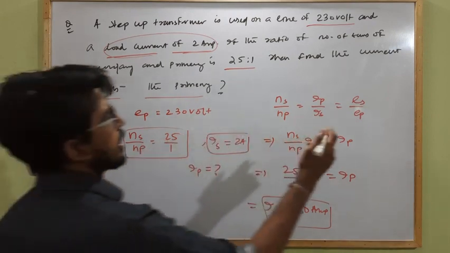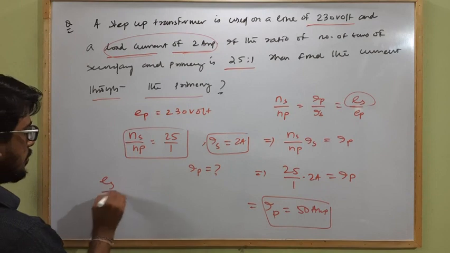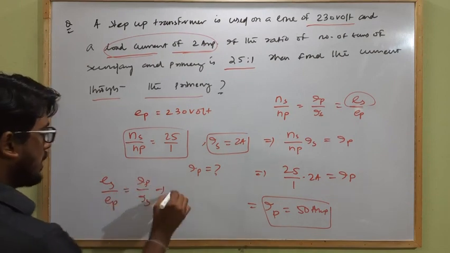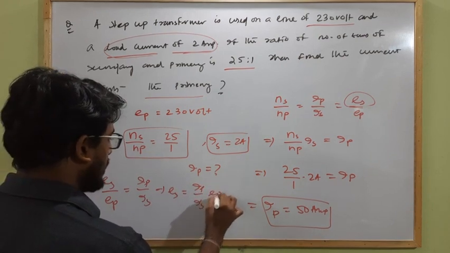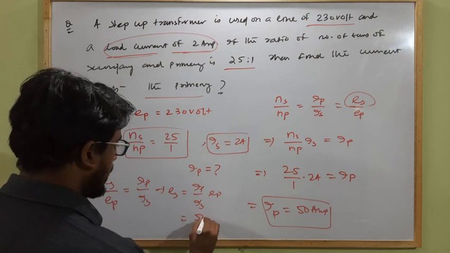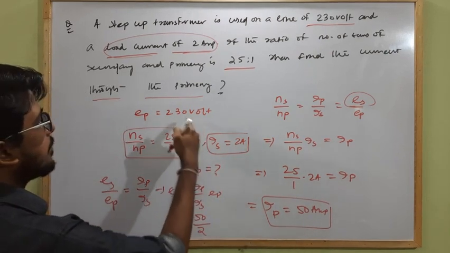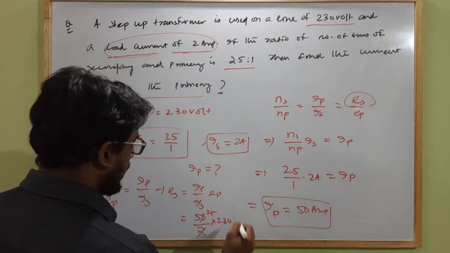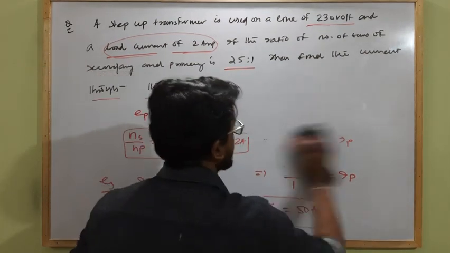So also we can calculate the Es. What will be Es? Es by Ep equal to Ip by Is. So this implies Es equal to Ip by Is into Ep. What is Ip? 50. What is Is? 2. What is Ep in primary? 230. So 25 into 230. By solving this we will get the value of EMF across the secondary.